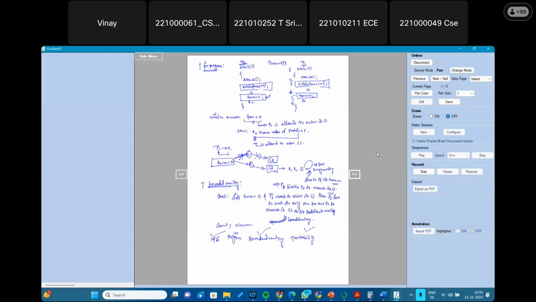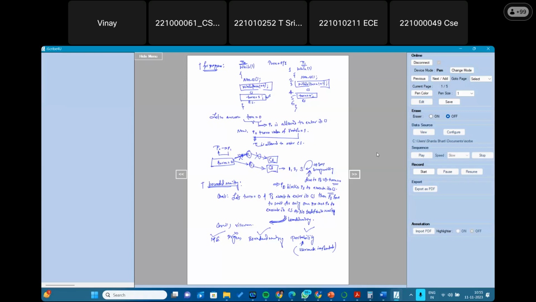The solution provides portability as it is a pure software mechanism implemented at user mode. It does not need any special instruction from the operating system, that is, no OS support. Clear?